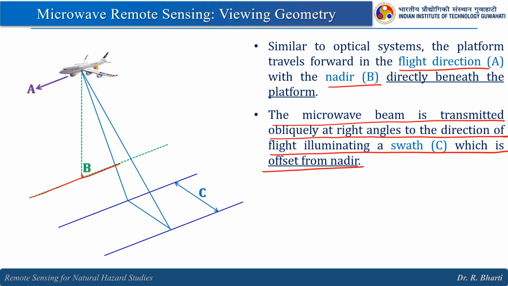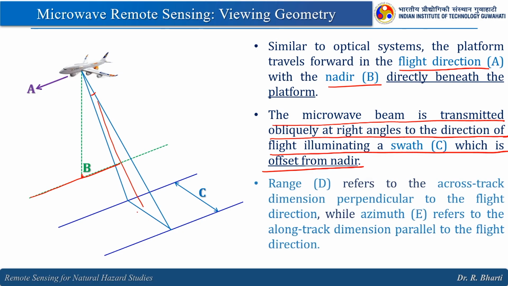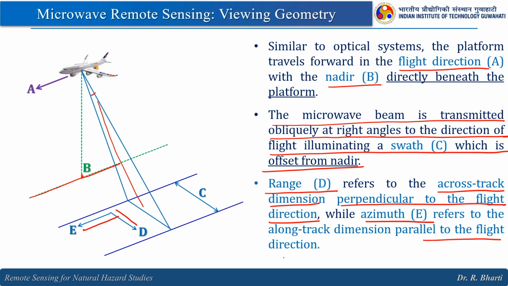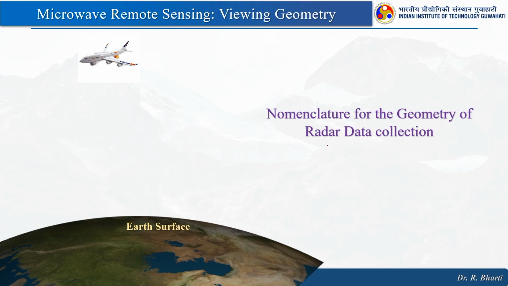You can see this is offset from nadir, it is illuminating this particular area, and the range D is referred to as the across track dimension perpendicular to the flight direction. So, this is D, and the azimuth E refers to the along track dimension parallel to the flight direction. This is the flight direction. So, nomenclature, I hope you will remember it.